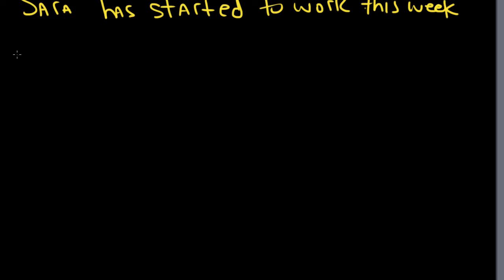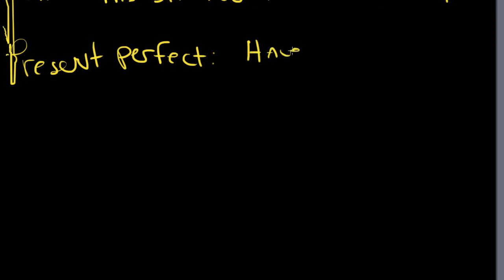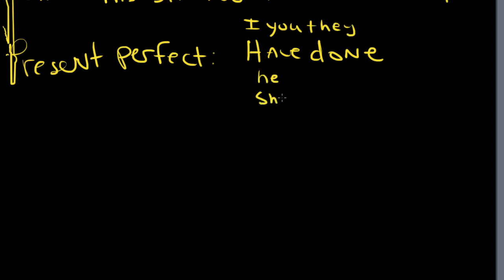In the present perfect, we can use have done. I have done, you have done, we have done, they have done. Or if it's he or she, it's he has done and she has done. That's how we form the present perfect.